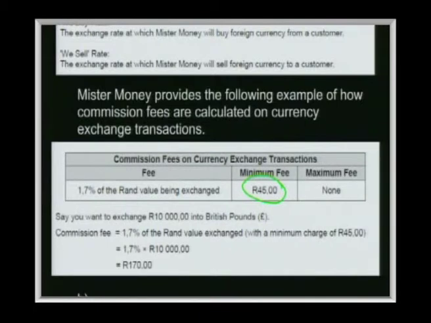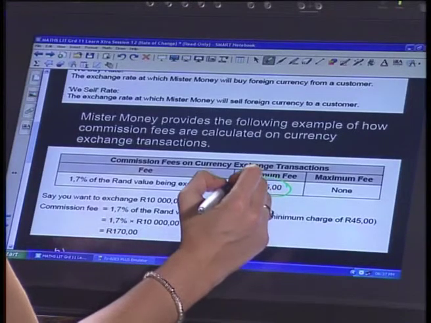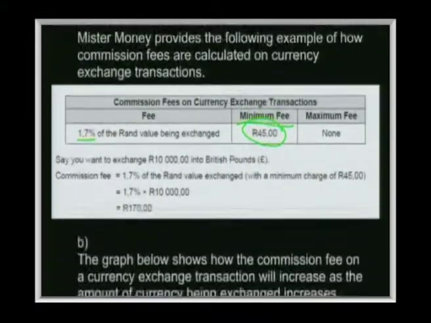As you can see, the commission fee shows that there's always going to be a minimum fee of 45 Rand. No matter how little money you transact, you'll always have to pay 45 Rand until 1.7% of your value becomes more than 45 Rand.